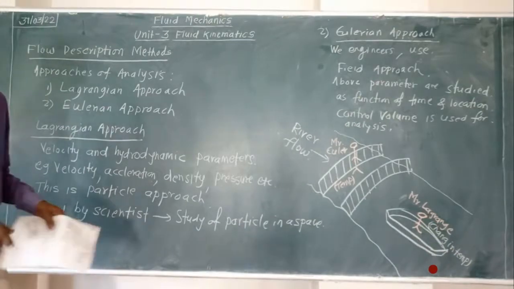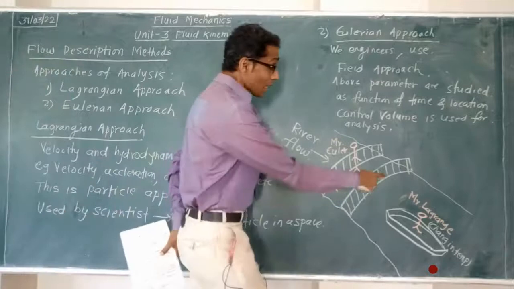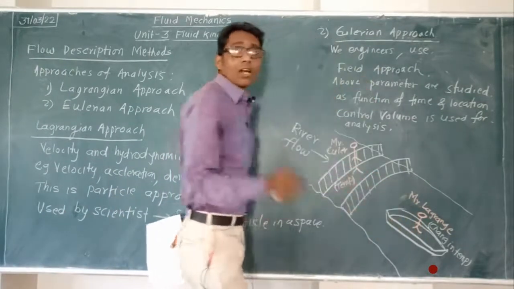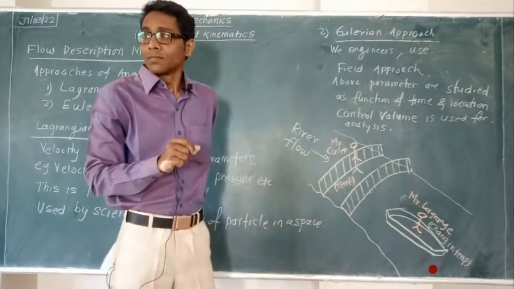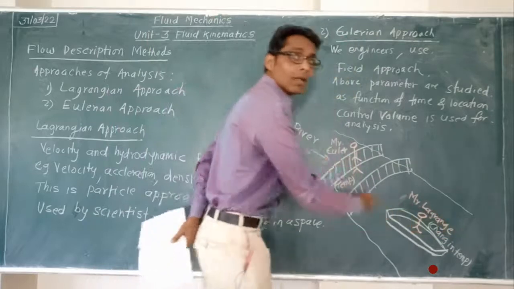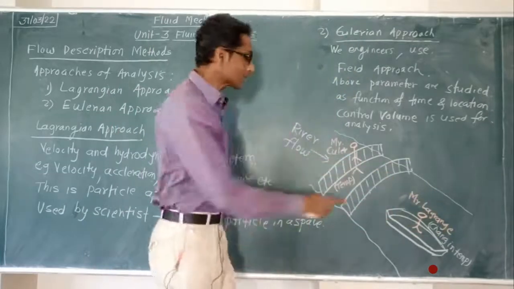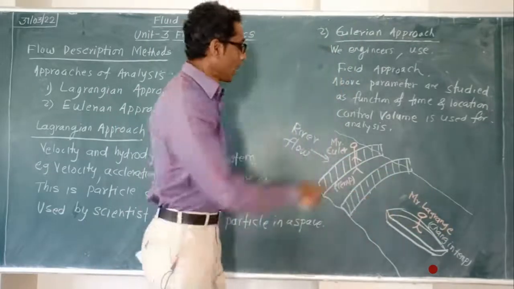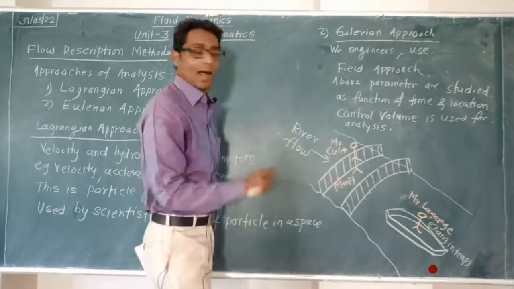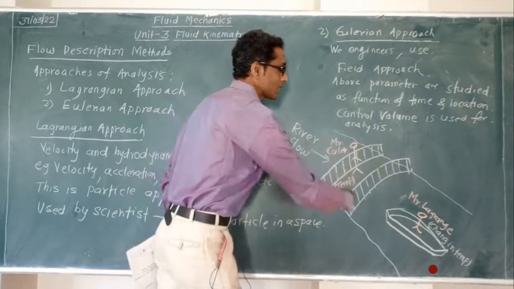Now what is the difference in approach? Lagrange is studying the change of temperature of each fluid particle which is flowing along this flow, because he is traveling. And Euler is standing, he is not traveling, and he has considered this vicinity.